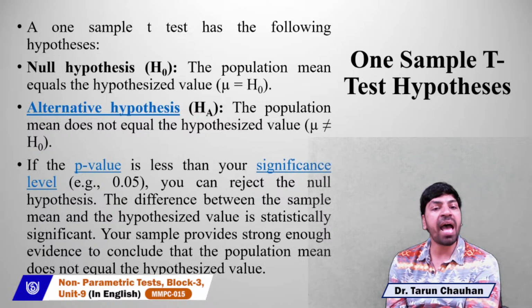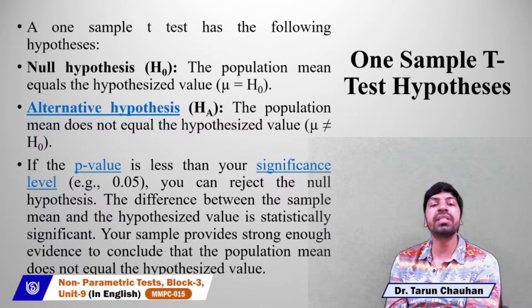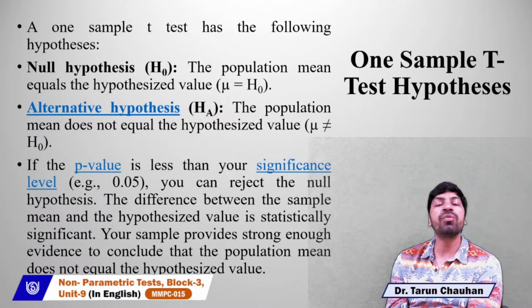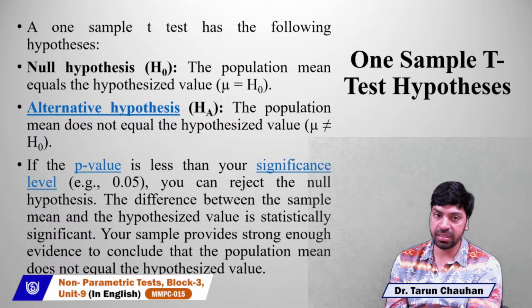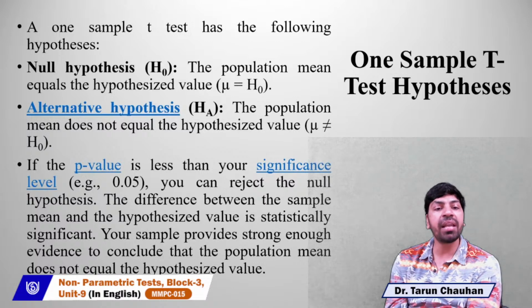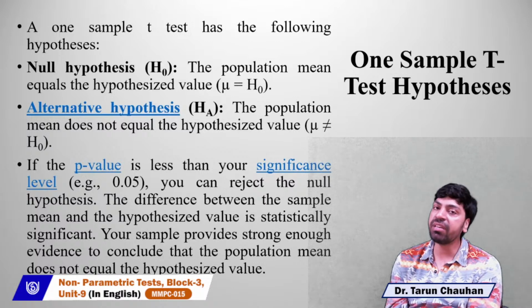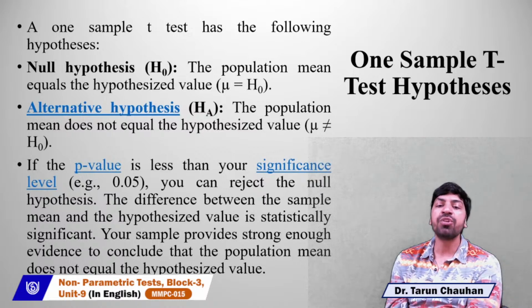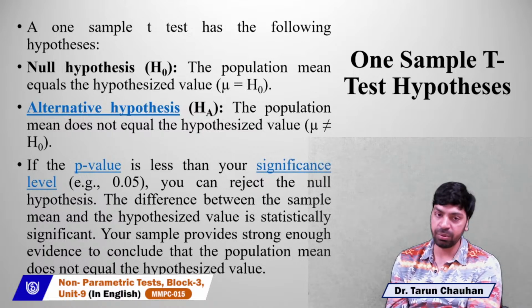If the p-value is less than your significance value, that is 0.05, you can reject the null hypothesis. If the p-value is more than your significance value, that is 0.05, you can accept the null hypothesis.